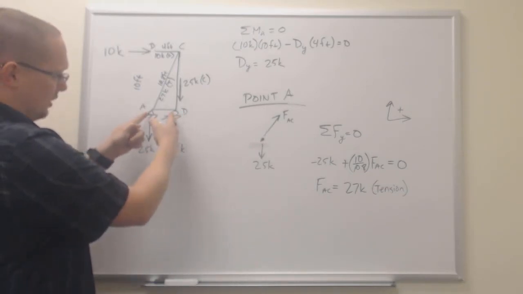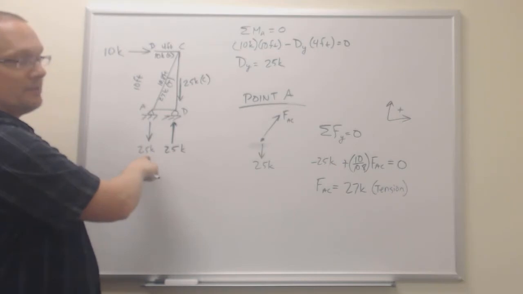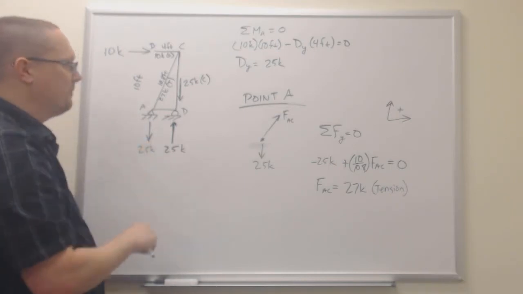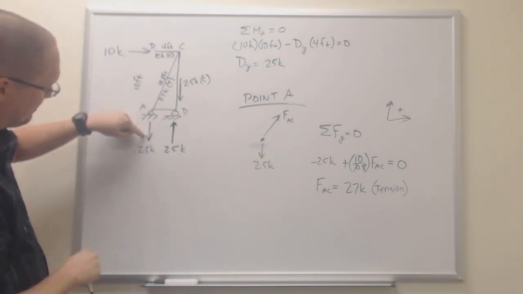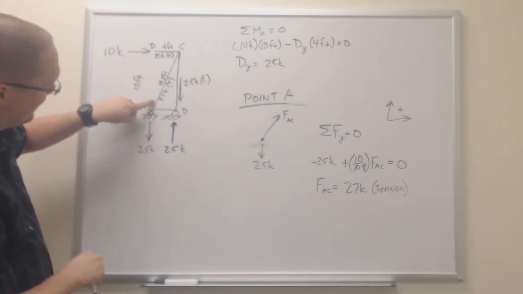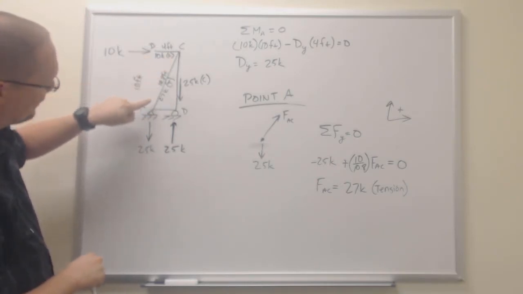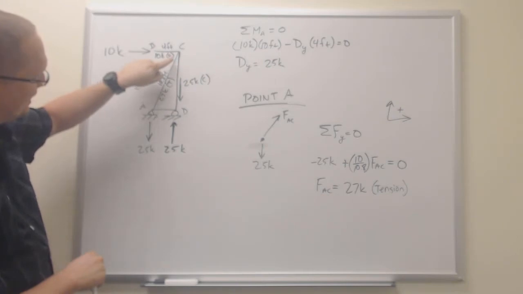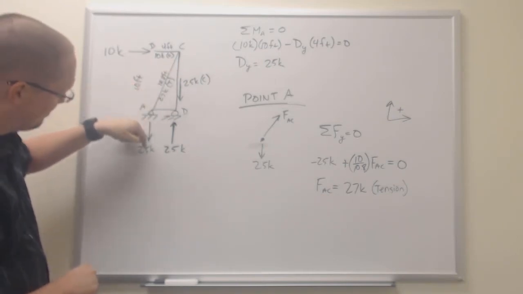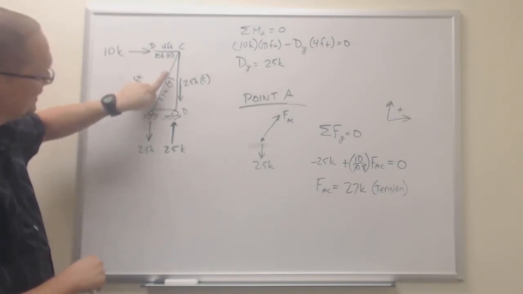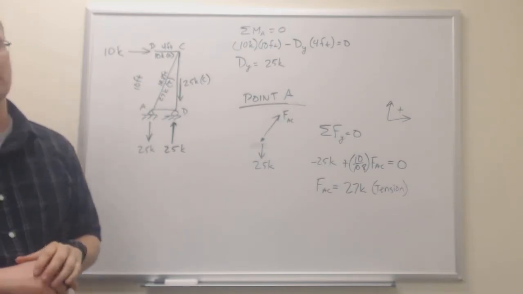So as the closer these get together, the more this approaches infinity as well. And that makes sense, because if this is approaching infinity, and since it's being countered by the tension in this cable, then as this approaches infinity, the tension in that cable also has to approach infinity.